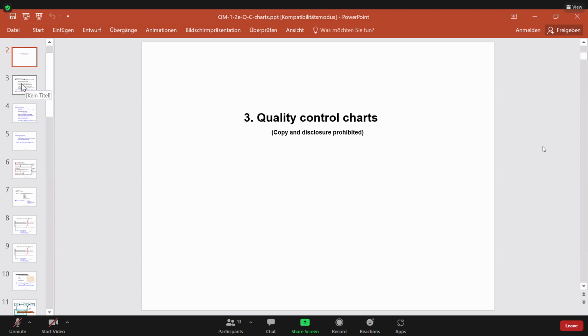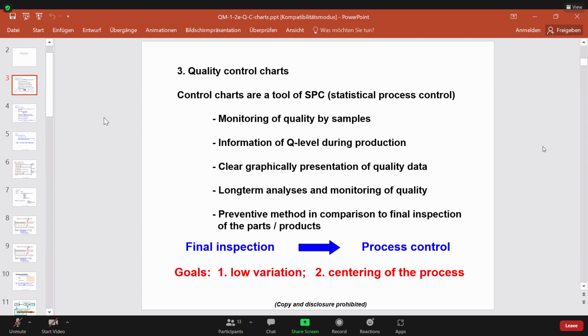the production quality. So at first, quality control charts are a tool of SPC, and the goal is a monitoring of the quality by samples. So samples are taken out of the production, maybe 5 parts or 3 parts.